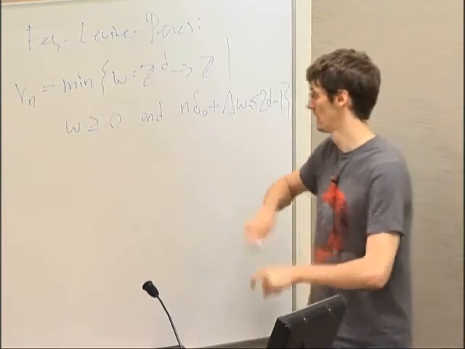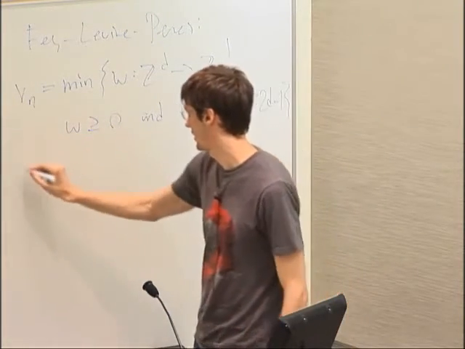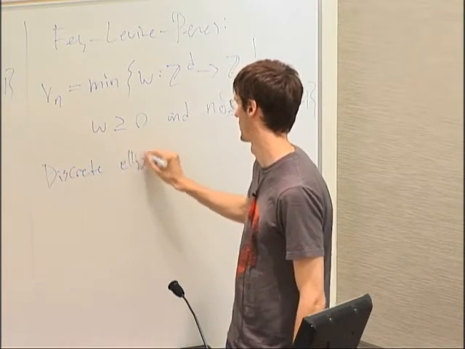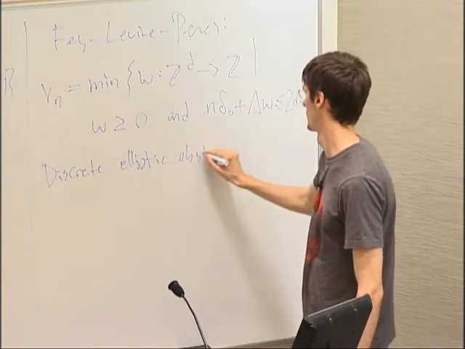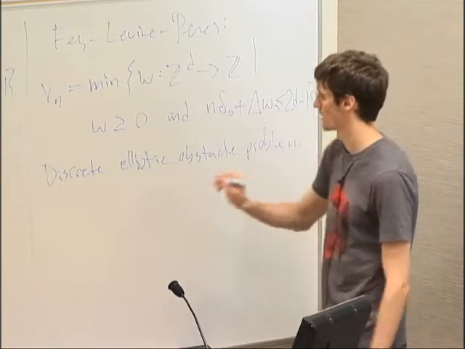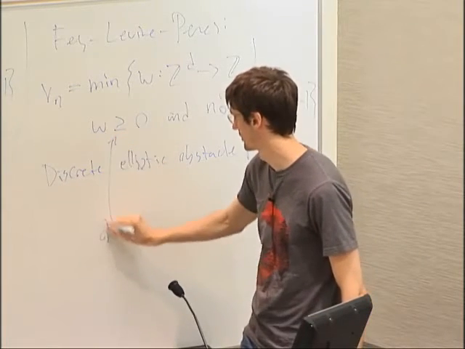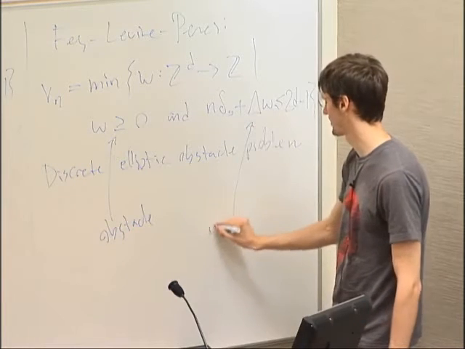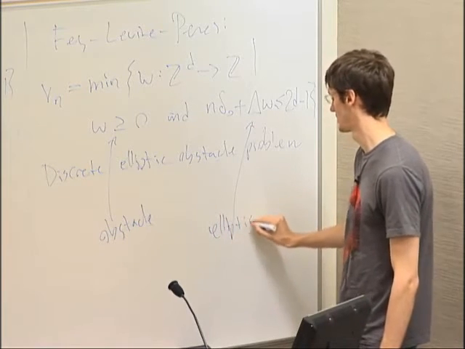So this is a discrete elliptic obstacle problem, because we have an obstacle here, and here we have an elliptic differential inequality.